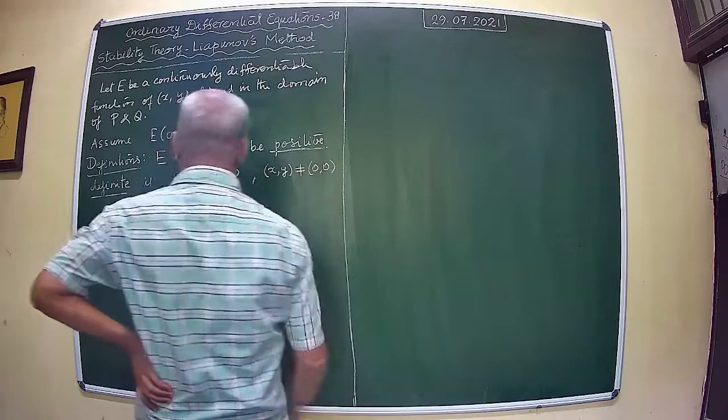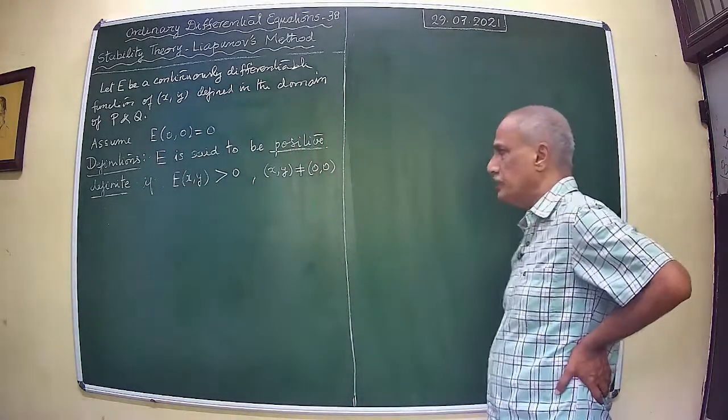At 0, 0, it is 0. So at 0, 0, E(x,y) is 0.